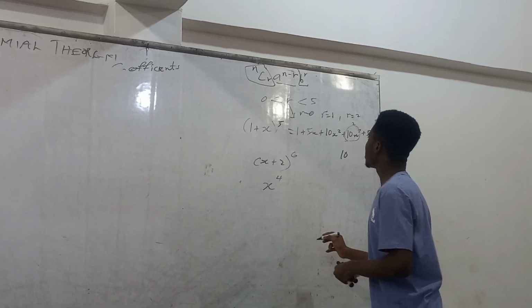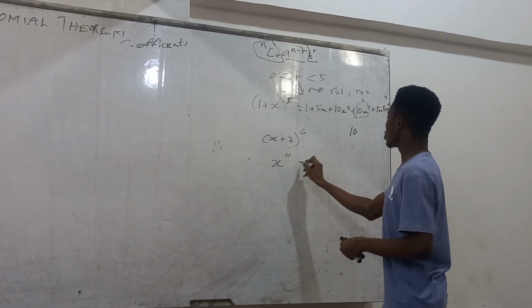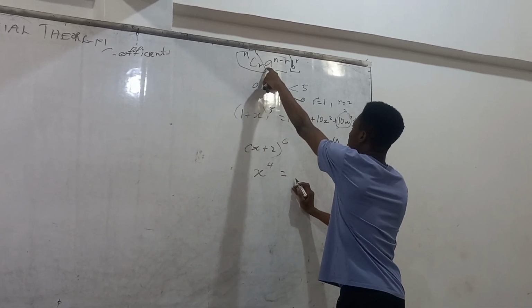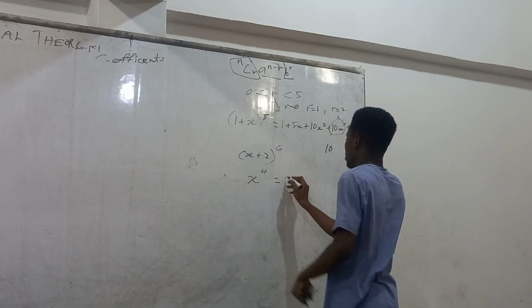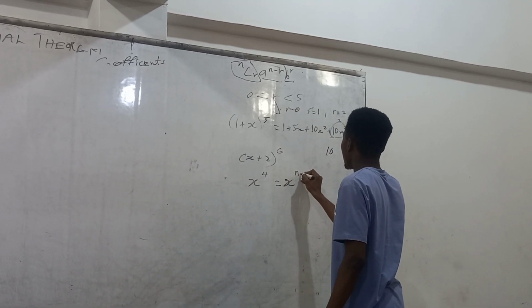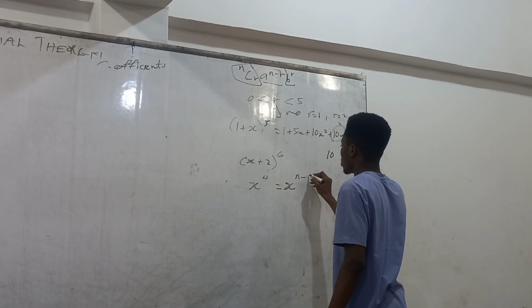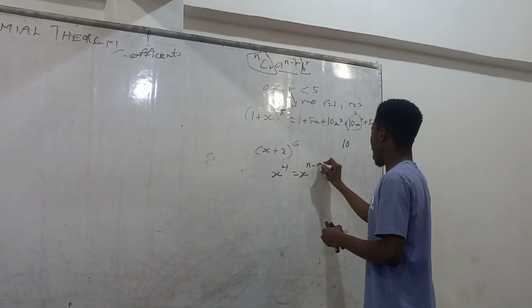So if we want x to the power 4, we replace the a by x in the formula, so it becomes x to the power n minus r.